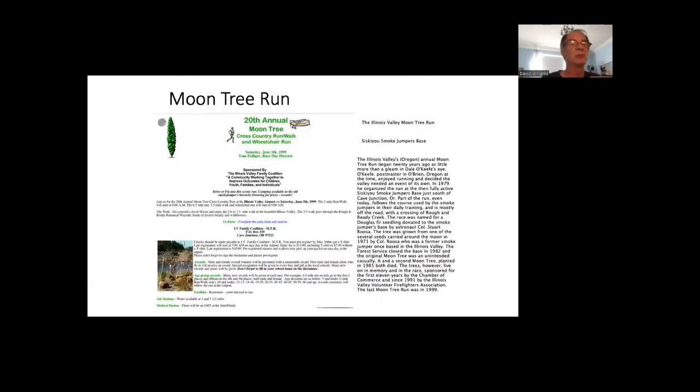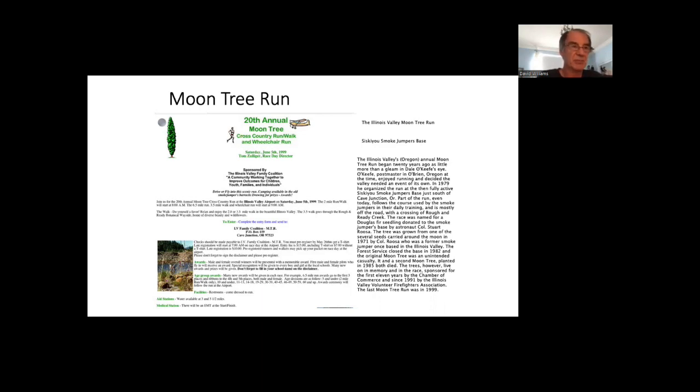They would have a moon tree run there every year, and they would have various things. The base sadly closed, and unfortunately the moon tree died, because there was no one there left to take care of it. But it has since been reopened, and now it is the Siskiyou Smoke Jumpers Museum.